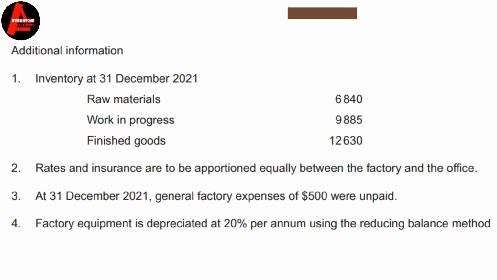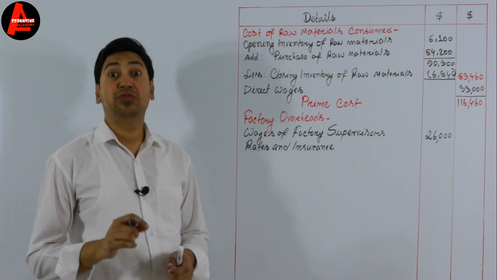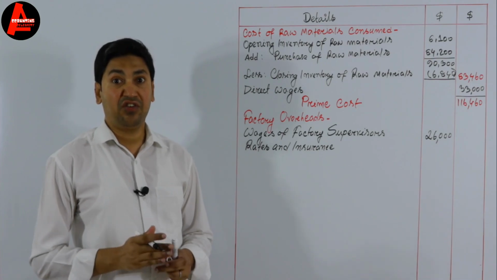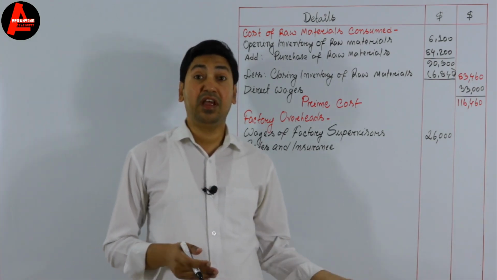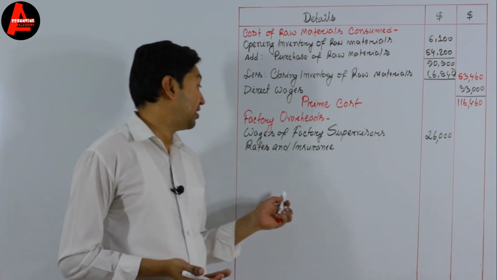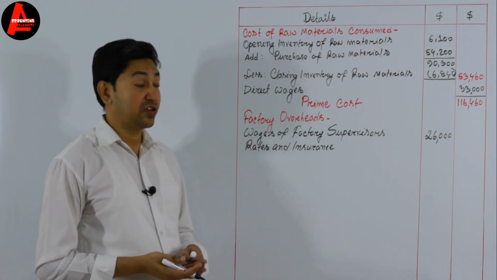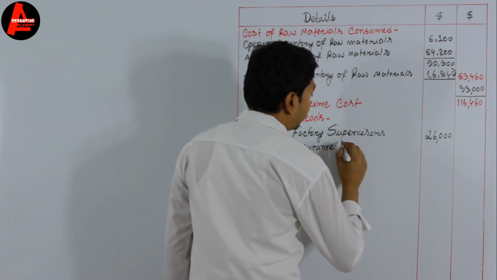That means this $14,000 rates given on the question will be equally divided between factory and office. Office expenses will go to the income statement and factory related expenses like rents and insurance will come as factory overheads.